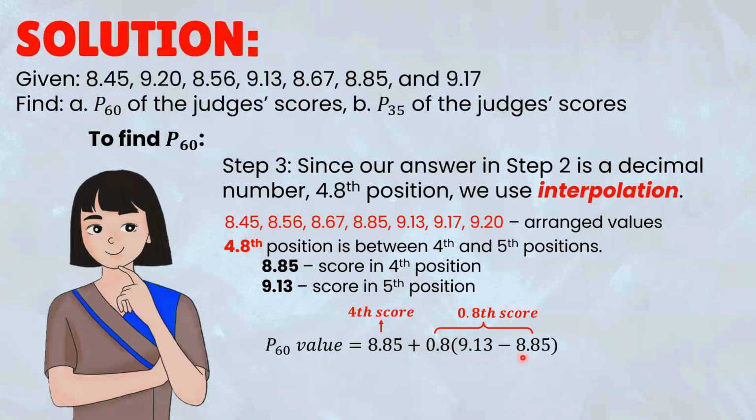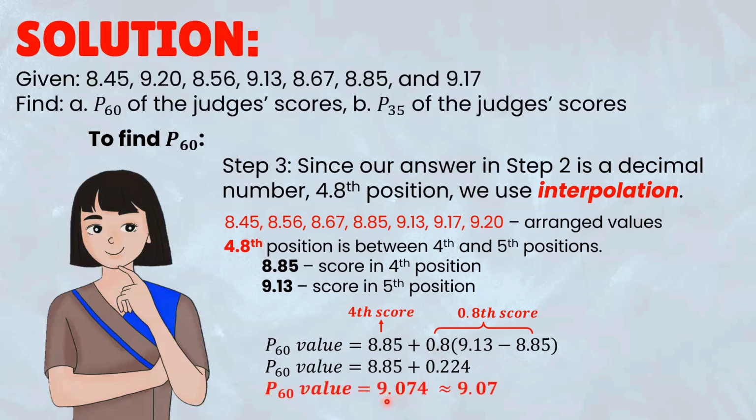9.13 is the 5th score and 8.85 is our 4th score. So performing the operation, this gives us 8.85 plus 0.8 times the quantity 9.13 minus 8.85. The difference will be multiplied by 0.8. That gives us 0.224.